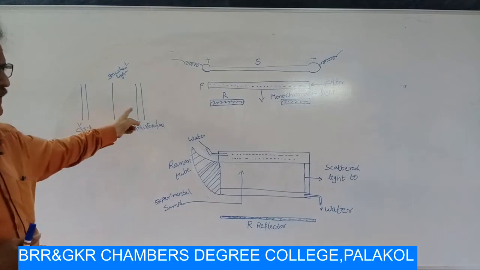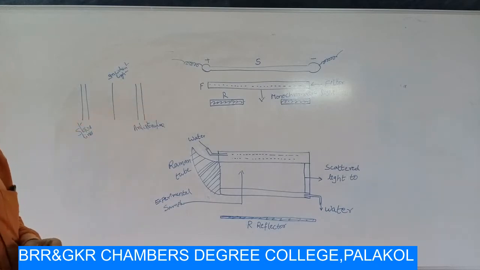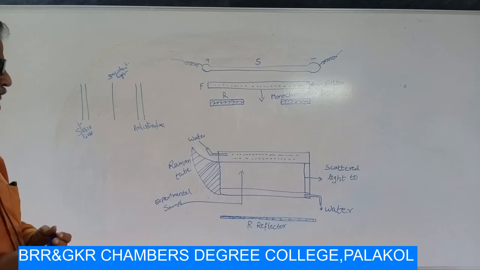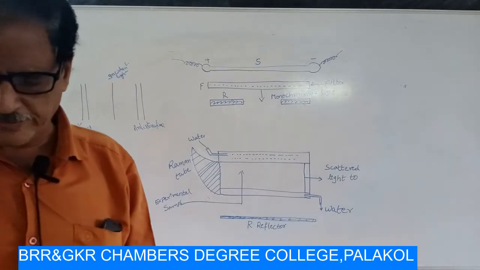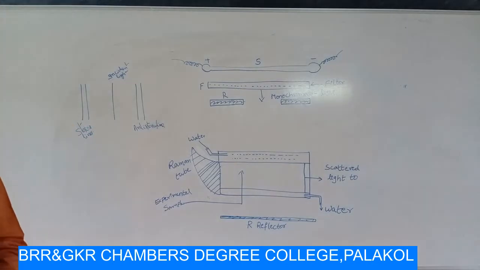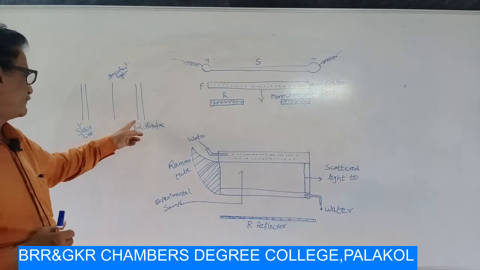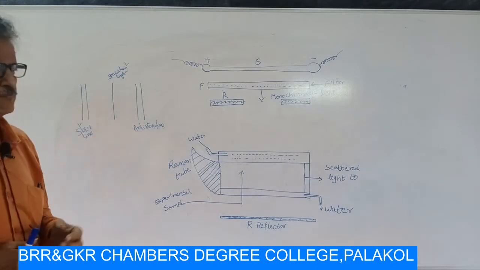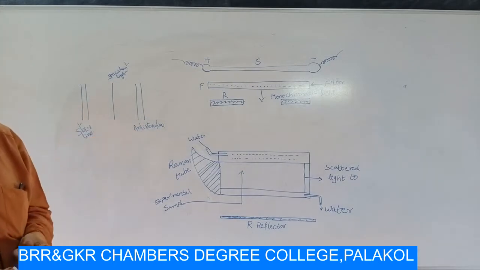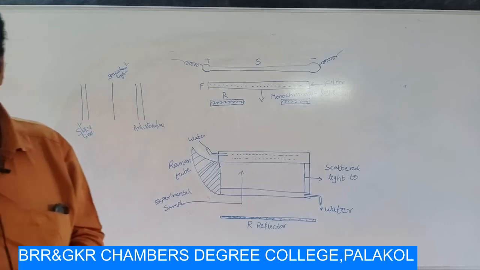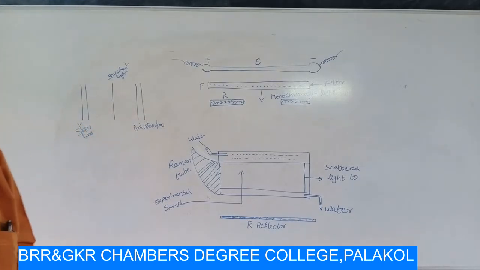The Stokes and anti-Stokes lines are highly polarized lines. And also the anti-Stokes lines are weaker than the Stokes lines.